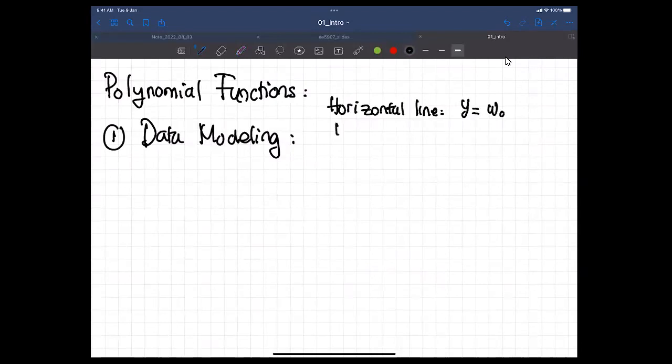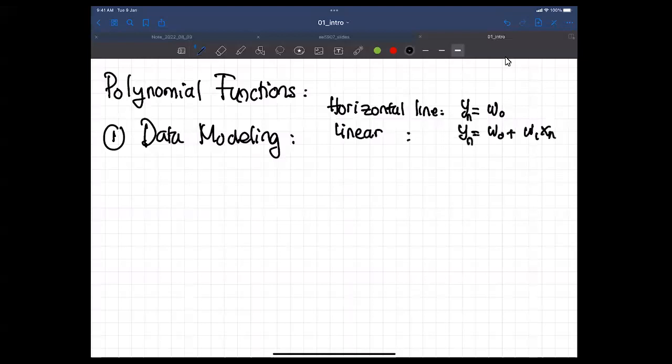If it is a linear slope, then y equals W0 plus W1 xn for yn. This is yn here. I hope you understand what is yn, right? yn is the prediction of that sample n, the price for that sample n.